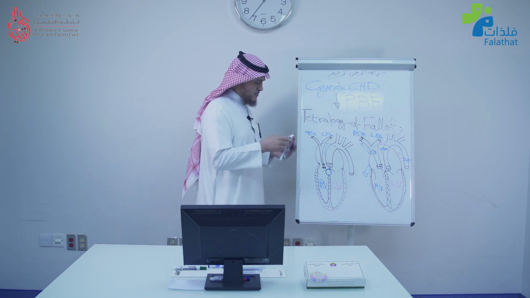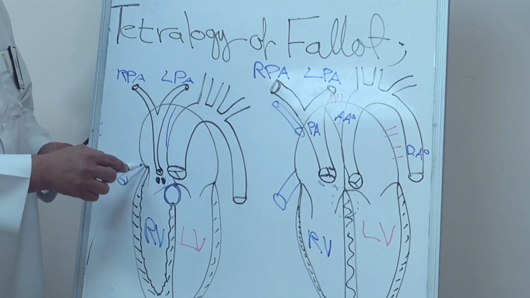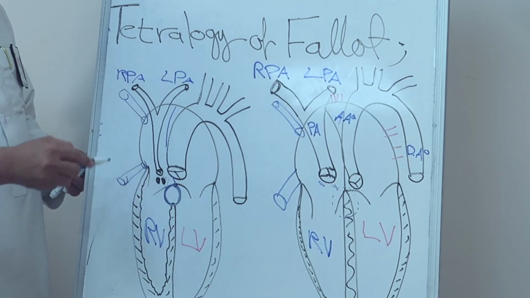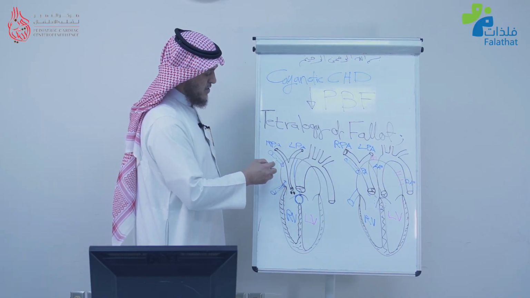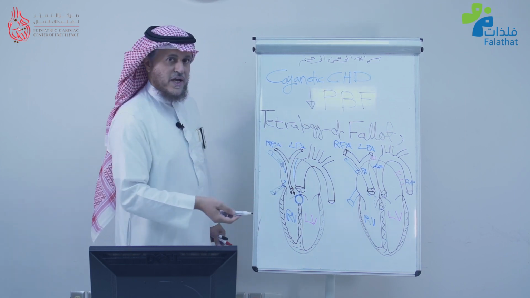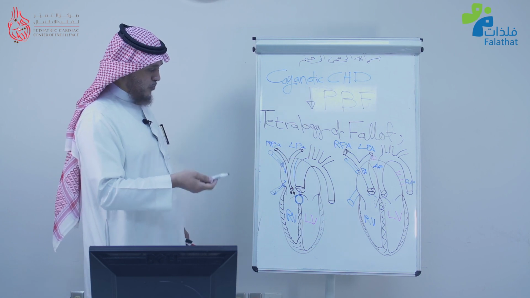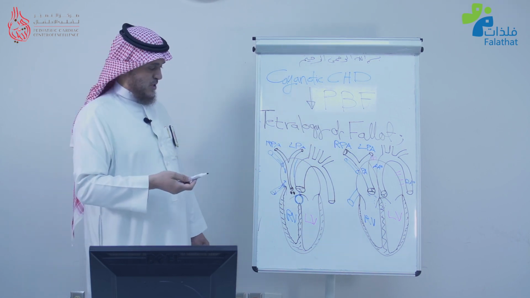So let's follow the inferior vena cava blood and the superior vena cava blood. There's no problem of this blood going to the right atrium, isn't it? There's no hindrance, there's no stenosis. The right atrium is low pressure to a certain extent, so it can receive this blood.